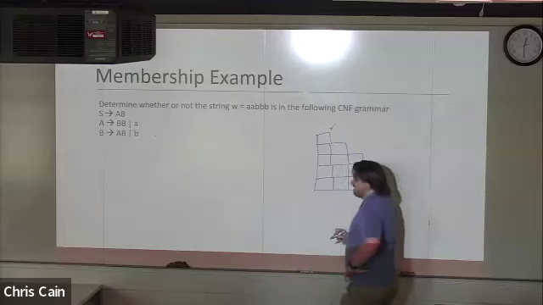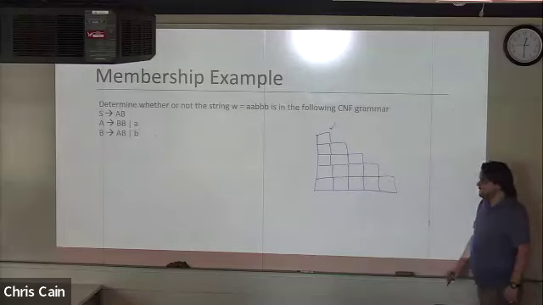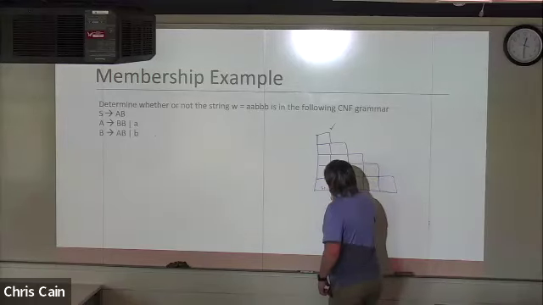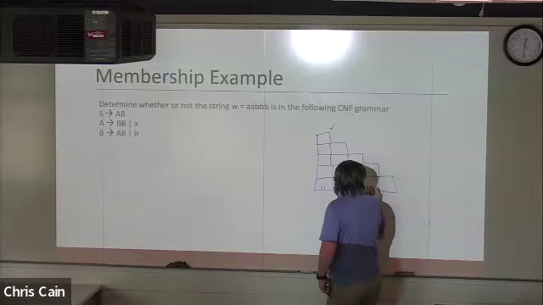So this cell is where our answer is going to be. This represents 1,1, 2,2, 3,3, 4,4, and 5,5.